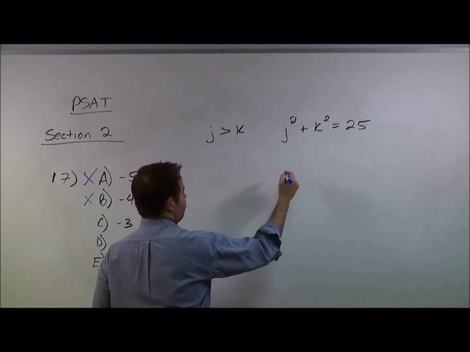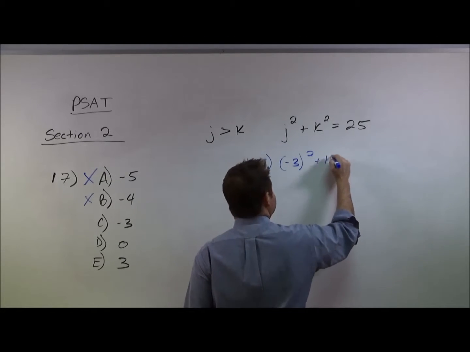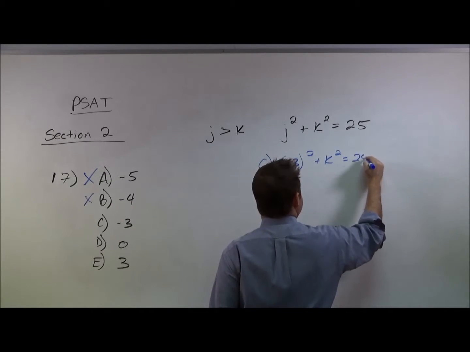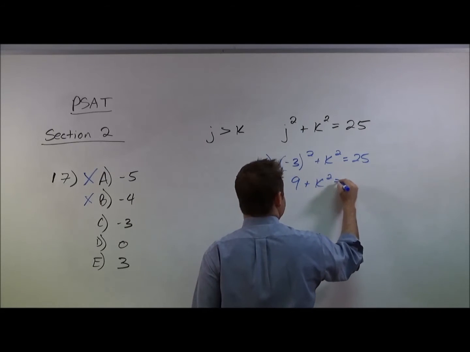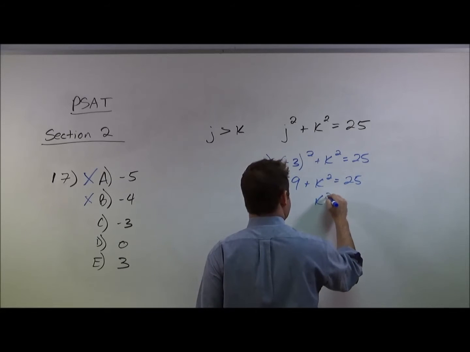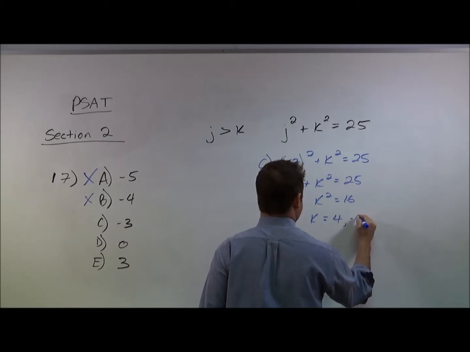So if we plug in a -3 for J, I'm testing that one, we have -3 squared plus K squared equals 25. That's 9 plus K squared equals 25. K squared equals 16, which means K could equal 4 or -4.